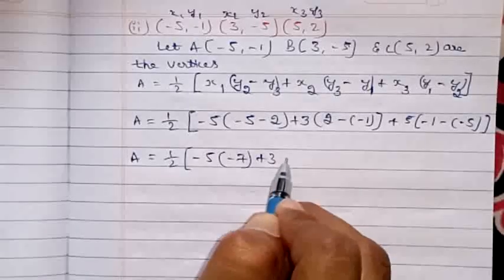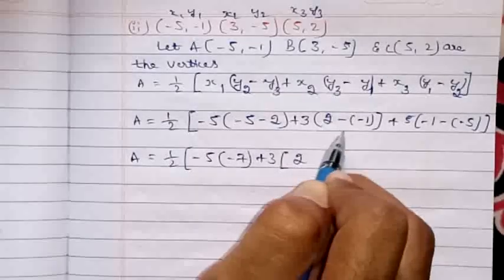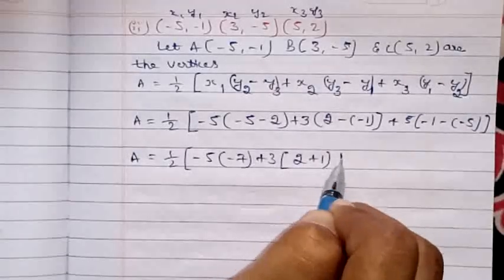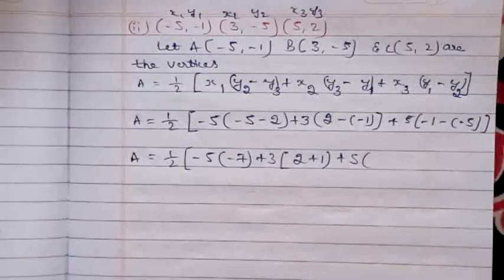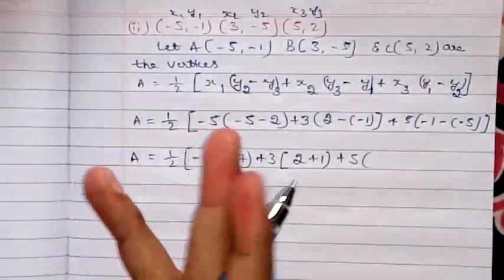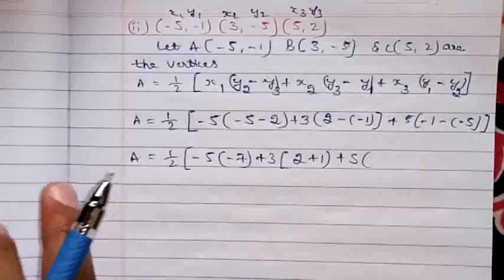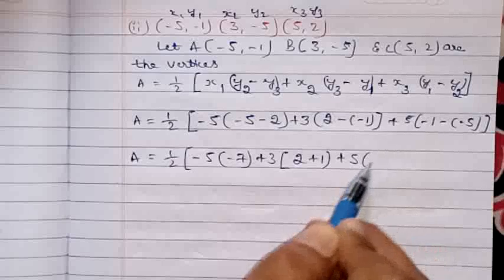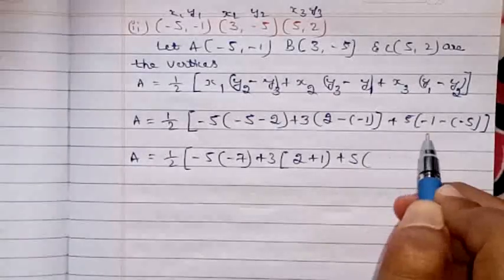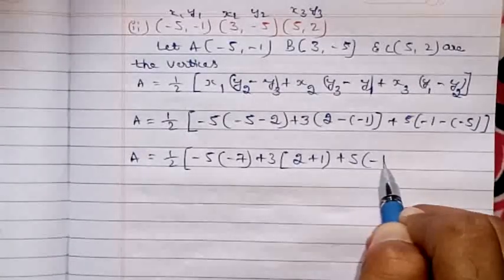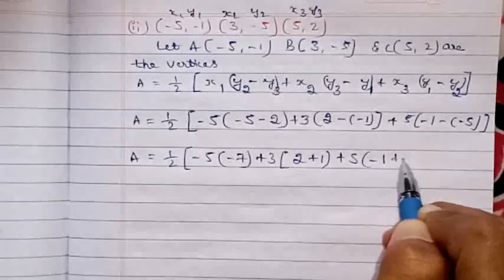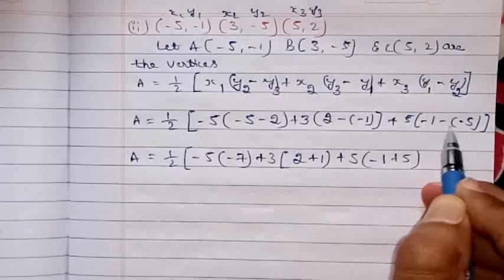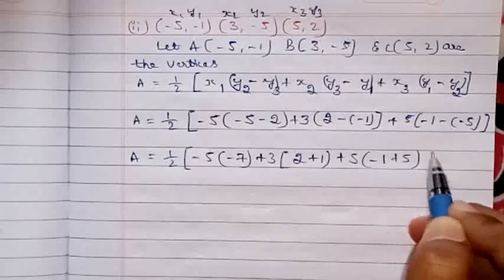Here two symbols are there, so I'll keep the 2 as it is and multiply the symbols: minus into minus is plus 1. Now plus 5. Whenever you have two symbols, first you need to multiply the symbols, afterwards add or subtract whatever it says. I'll keep this 5 as usual. Now -1, minus into minus will be plus, so therefore plus 5.